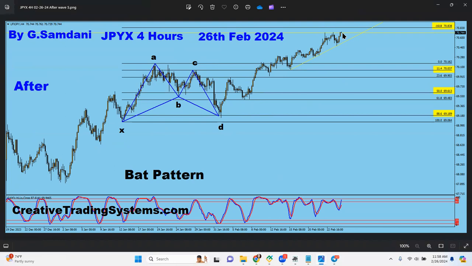So on one chart, any pair or time frame, you can count the Elliott wave, as well as find the harmonic patterns building there, building and playing out, both happening at the same time. So currently I'm making our course.